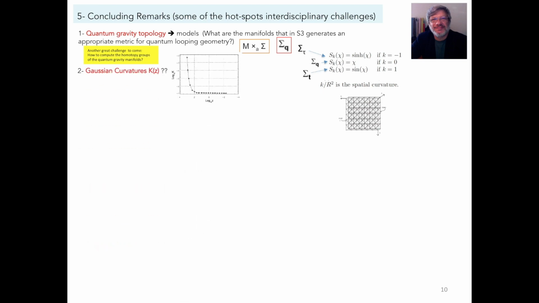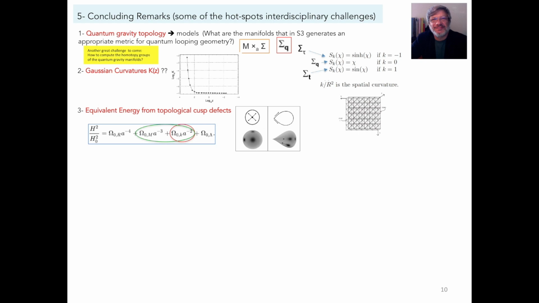The second challenge is the following: how to estimate Gaussian curvatures as a function of redshift in bouncing models. We are on the right path for the Cusp Cosmology, but in the bouncing case it's still a big challenge.